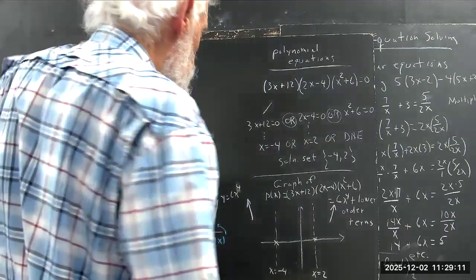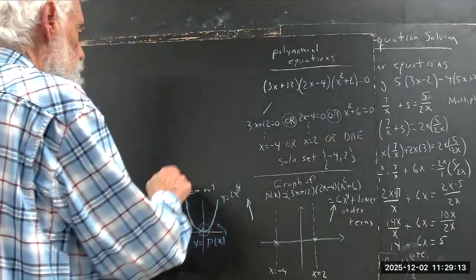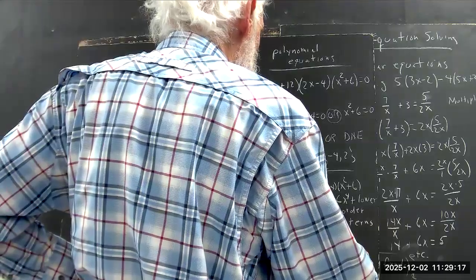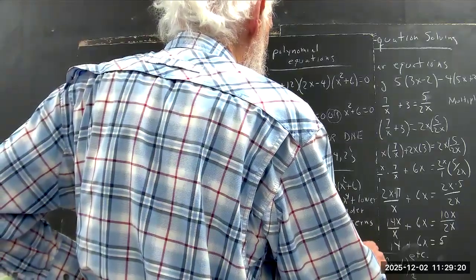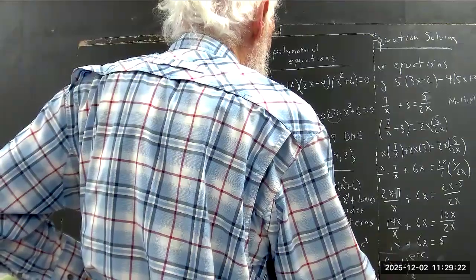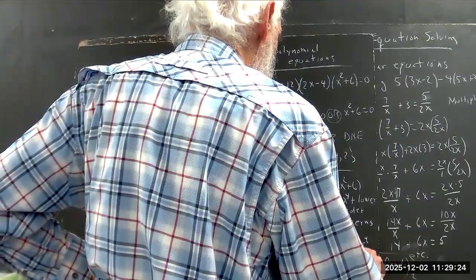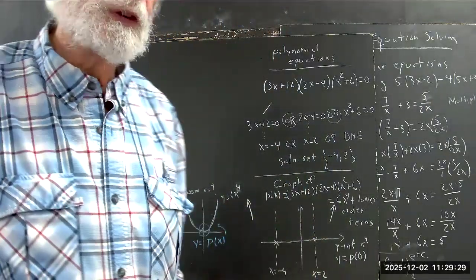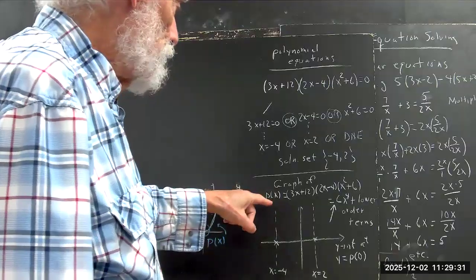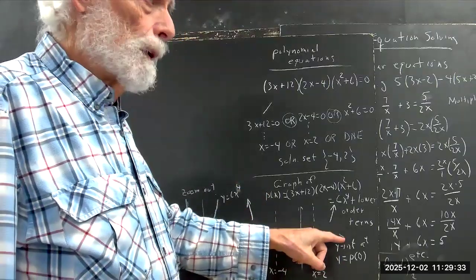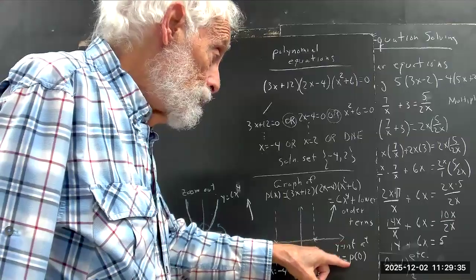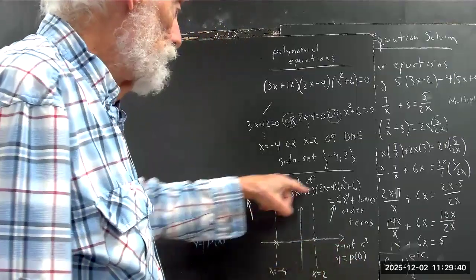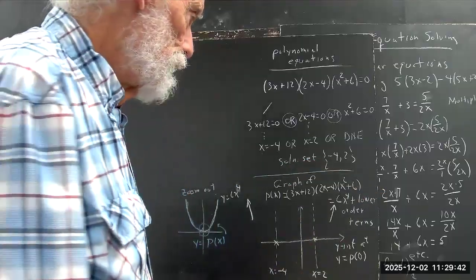Well, the y-intercept occurs when x equals 0. This function is p of x, so I'm just going to make an abbreviated statement. This y-intercept is at y equals p of 0. In other words, plug 0 in, let x equals 0.